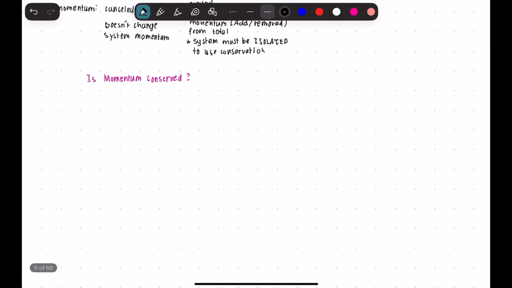If, let's say, we have two carts sliding on a frictionless track, yes, P is conserved. The reason why is because there are no external horizontal forces.